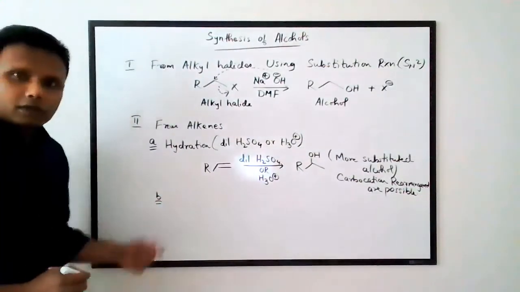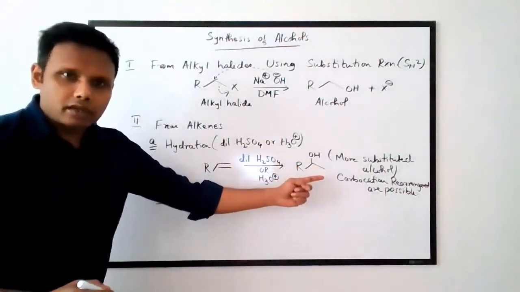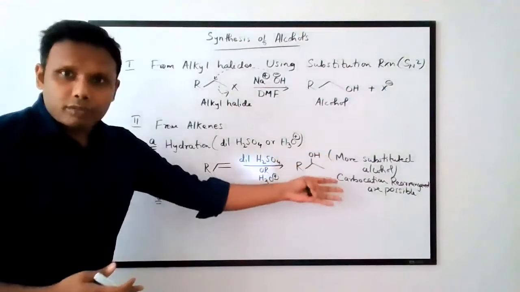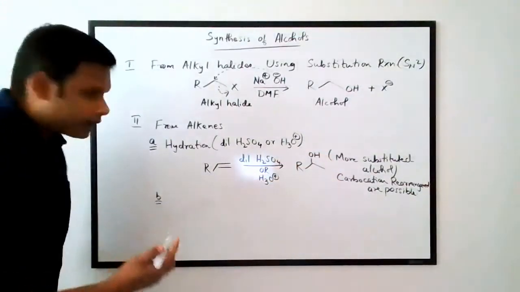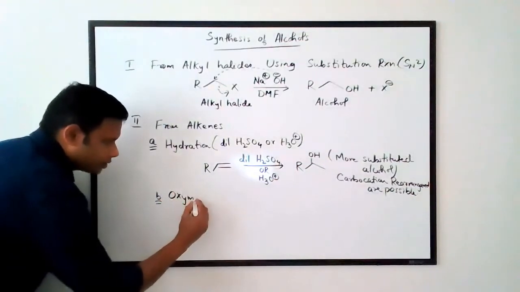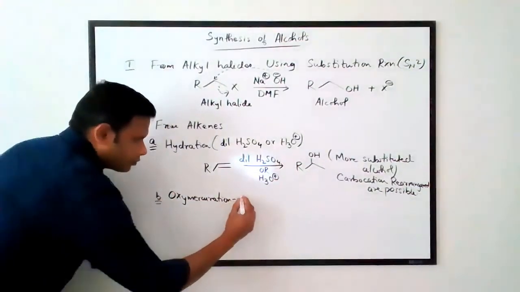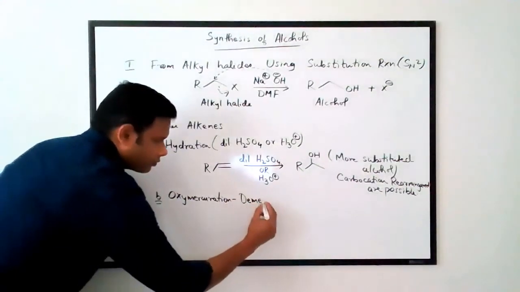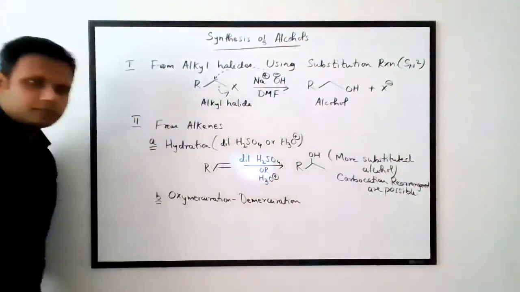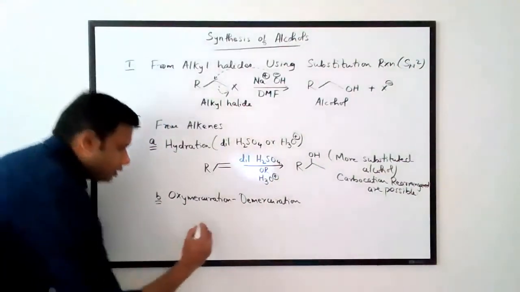Now, a reaction that allows us to make the more substituted alcohol without the possibility of rearrangements, or by avoiding rearrangements, is the oxymercuration-demercuration. This reaction is done in two steps.